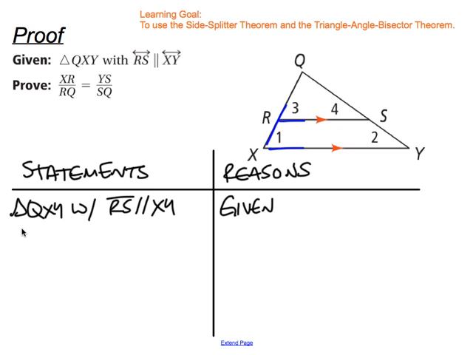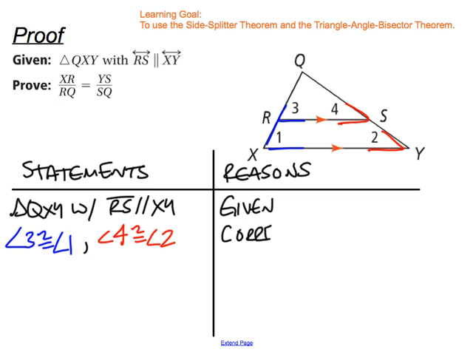So in this case we have angle 3, which is congruent to angle 1. In addition to that, if we look over on the other side of the triangle, we have that same relationship between angle 4 and angle 2, so we can say that angle 4 is also congruent to angle 2. So in this case we have two statements, and they're both made by the corresponding angles postulate.